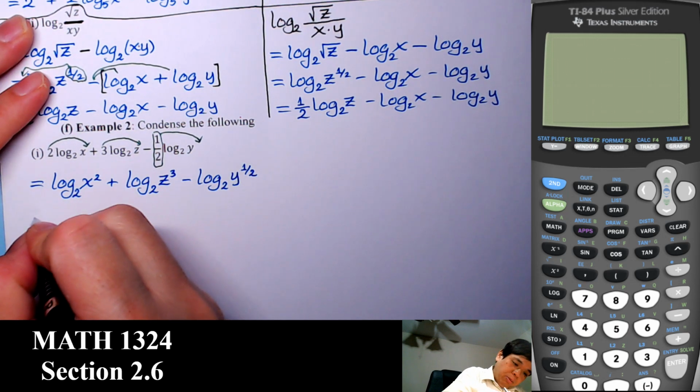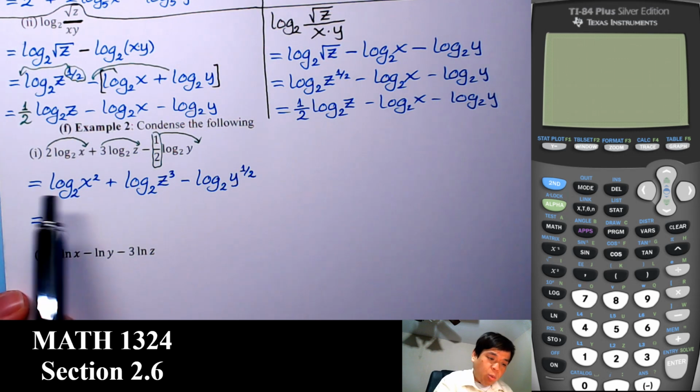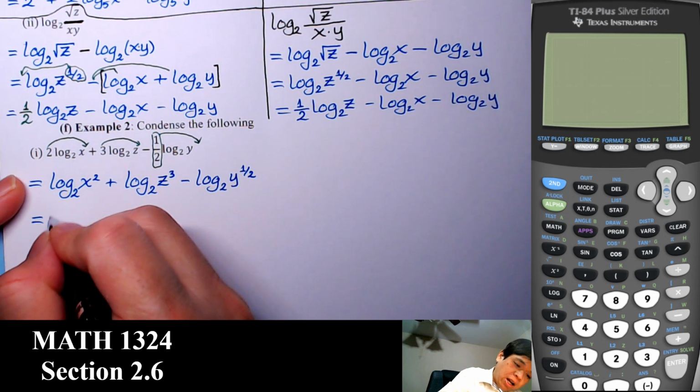And now to condense them, to put them into one big log, we have to have one of each log. So one of this, one of this, one of this. In that case, we can just write that as one big log.